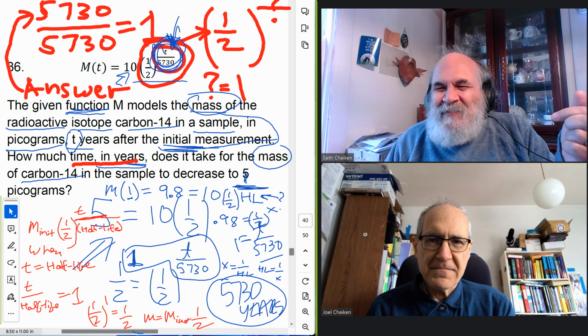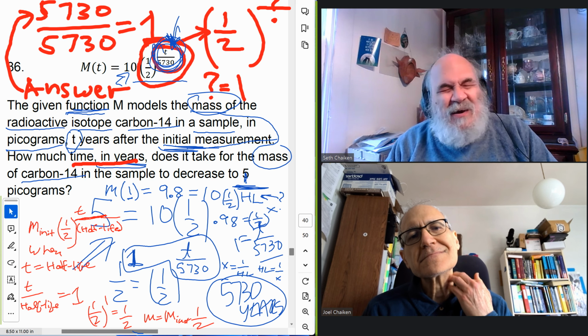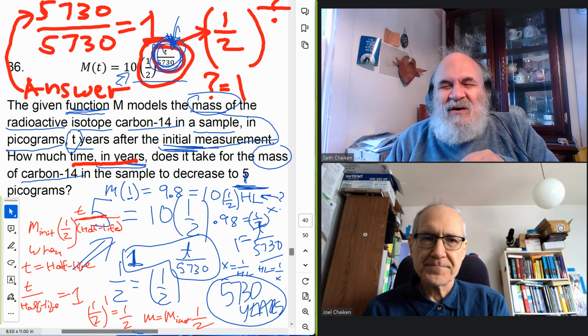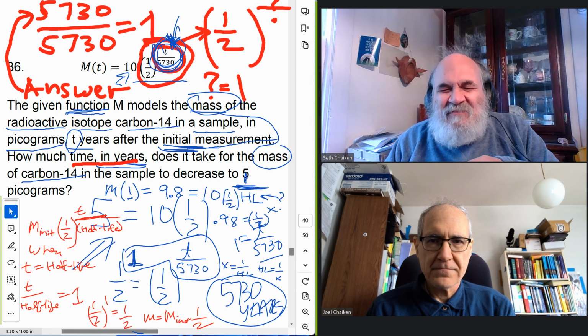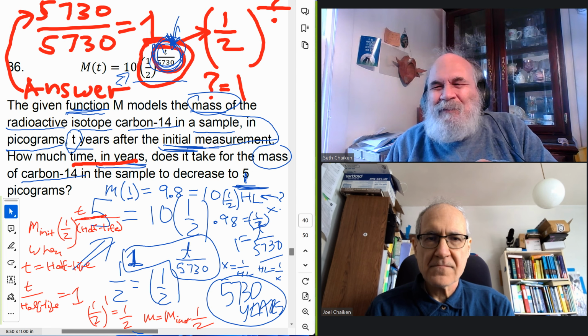Radioactivity is really handy for determining very, very tiny quantities of substances, as long as they're radioactive.